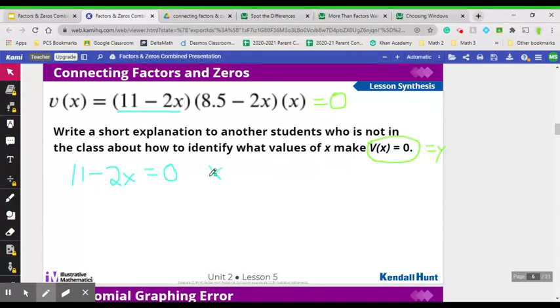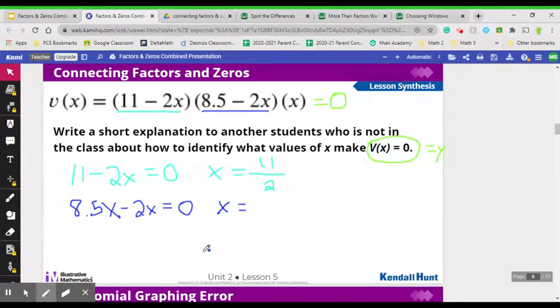And that means that x is going to be equal to positive 11 halves. And then we have 8.5 minus 2x. We can set that equal to 0.